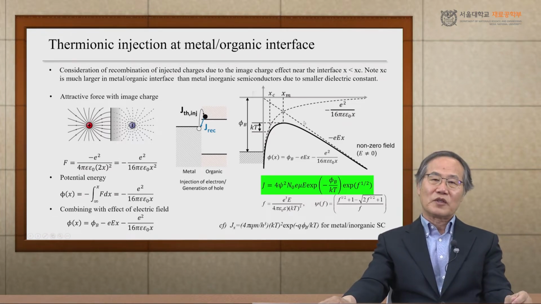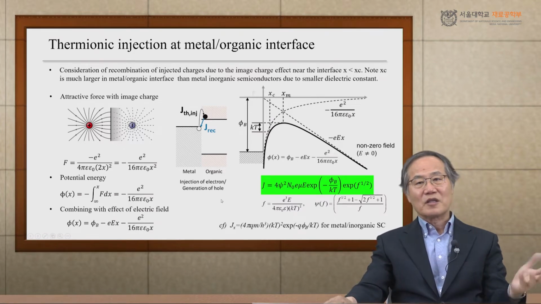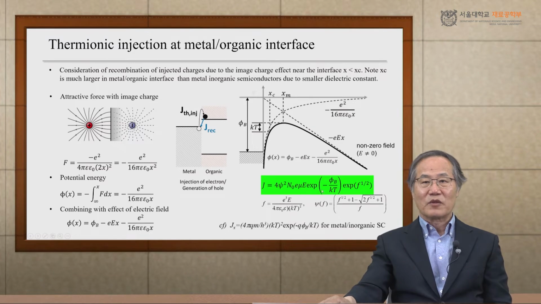But in organic semiconductors the distance from the interface to the peak is rather long, so the injected charges up to this point actually recombine and get back to the electrode. So this influence must be taken into account.